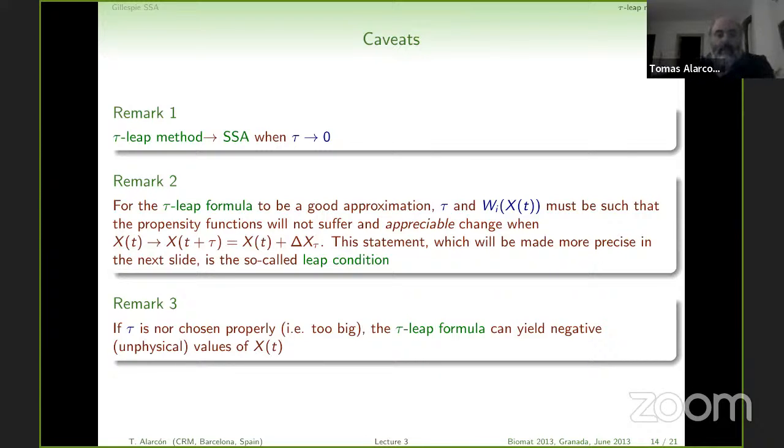So these three things need to be taken into account when we formulate the algorithm for choosing tau, which is what we are going to see now. And when we do the implementation, we need to put some sort of flags just to make sure that we are not in this region where the method is useless, or that these things cannot happen.